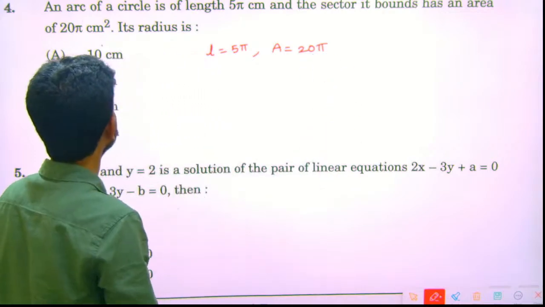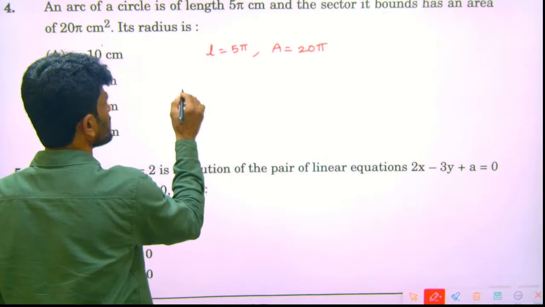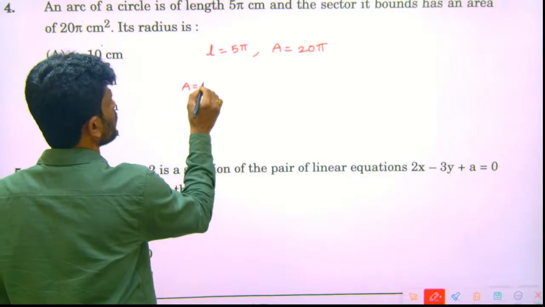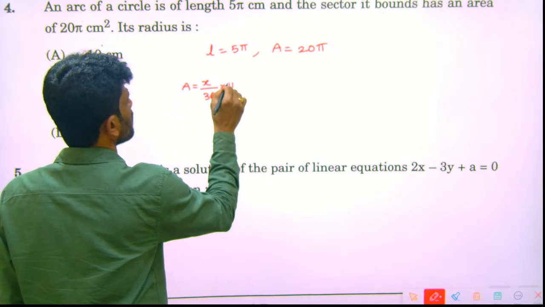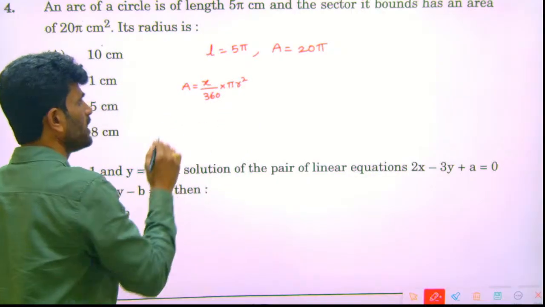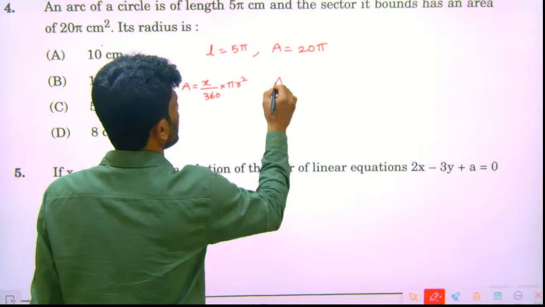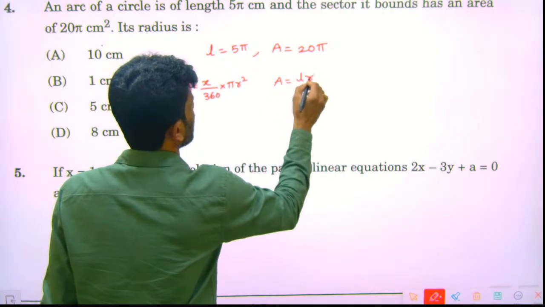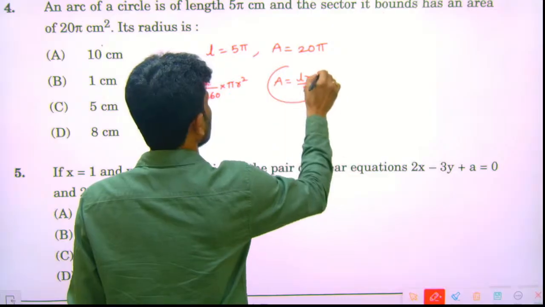Now we have to find out the radius. We know we have two formulas for area of a sector. One is area is equal to x by 360 degrees into pi r square. But we need here angle theta, and one more, area is equal to L R by 2, length into radius by 2. So this will be easy here.